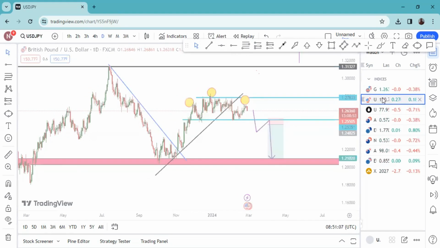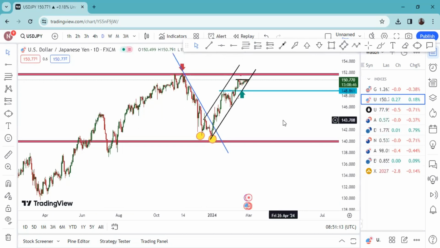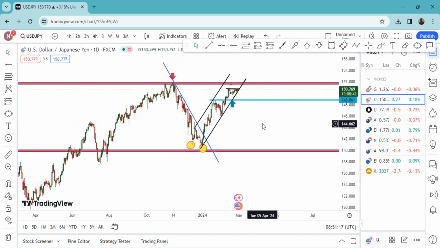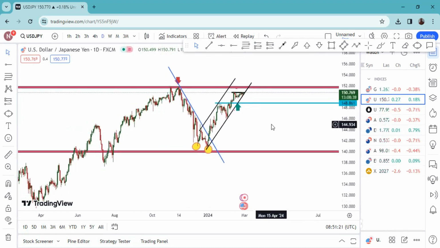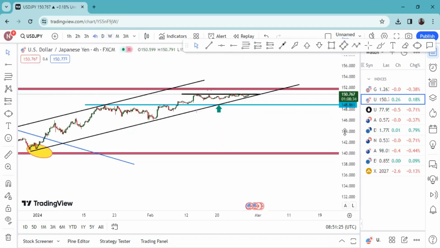The next pair that I'm going to analyze is dollar yen. For dollar yen, I didn't take any trade yet because what I was expecting dollar yen to do for me, it didn't do. Let me come to 4 hours so you can see it clearly.